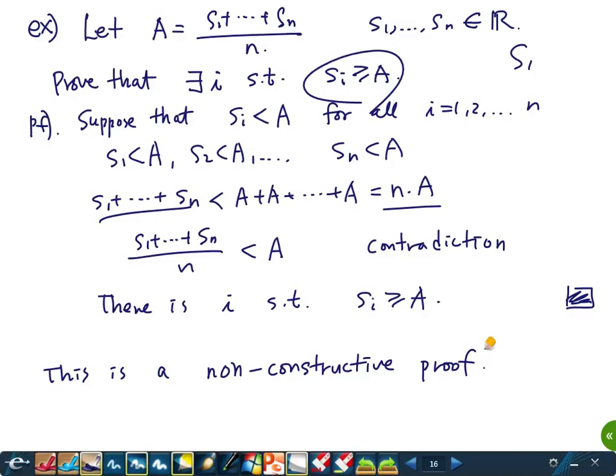Do you like a proof like this? Which proof do you prefer, constructive or non-constructive? Which proof is better than the other is a personal preference. No one can say this is better than that for sure.